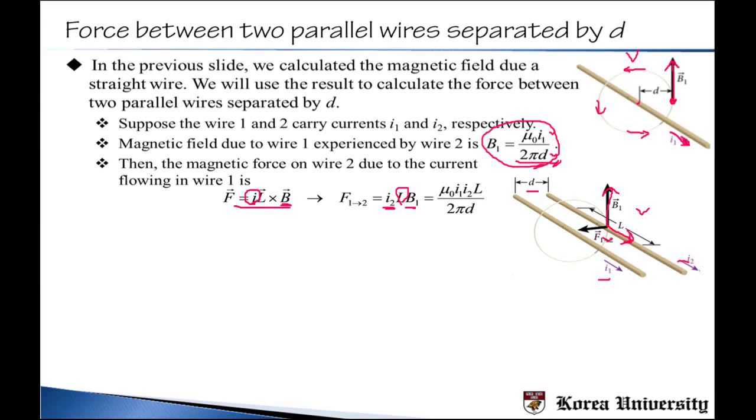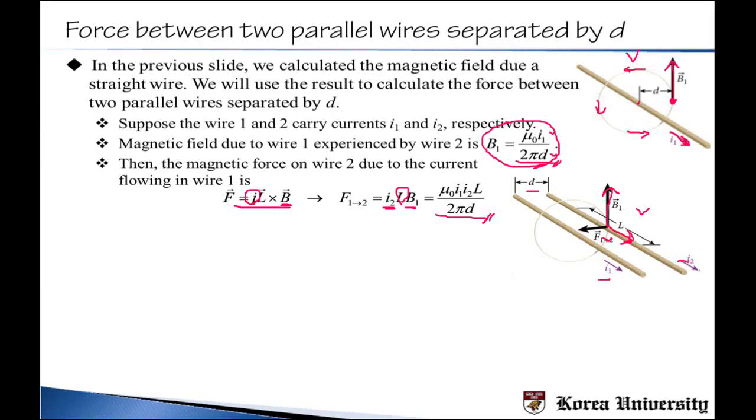Which means that when L is infinitely long, the size of the force will also become infinitely large. So we cannot really calculate the force for an infinitely long wire, but you have to define the length of the wire. Anyway, if you define the length to be L, then L will go in. So this is finally the size of the force between the two.